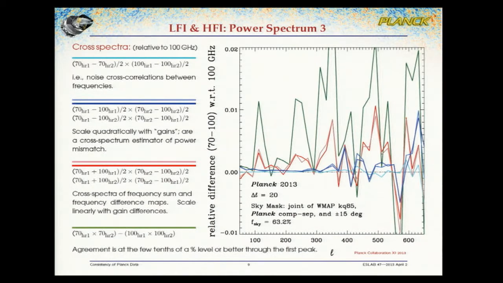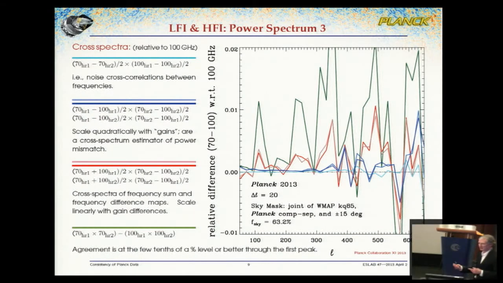And the factors of 2 are in there to make sure that the noise power propagates appropriately. You're taking half rings, so you have twice the variance, and so forth. That's the curve that's down here right along 0. It flares up as expected for just noise, noise cross correlations between frequencies. It's beautiful. It's what you want to see. So that's where we start.